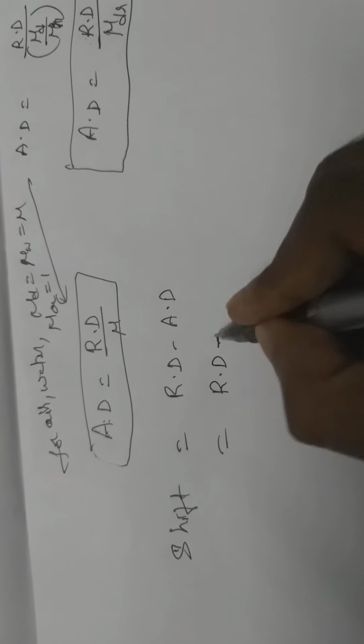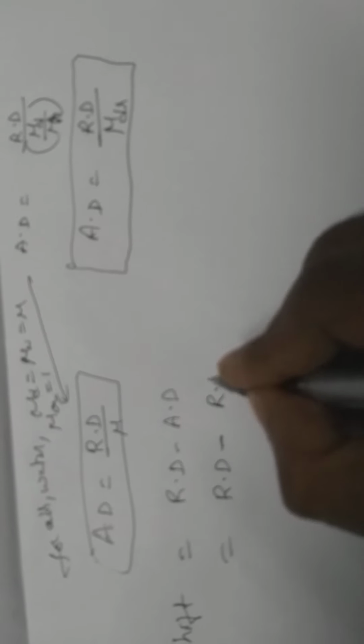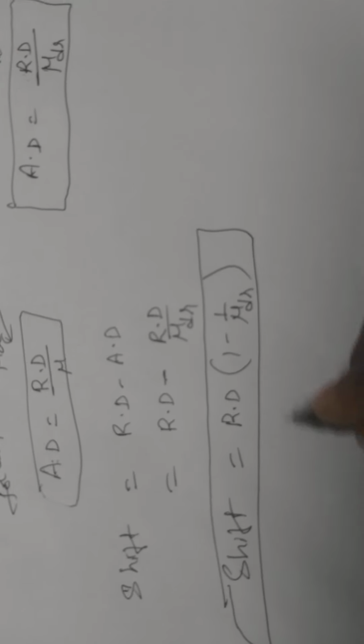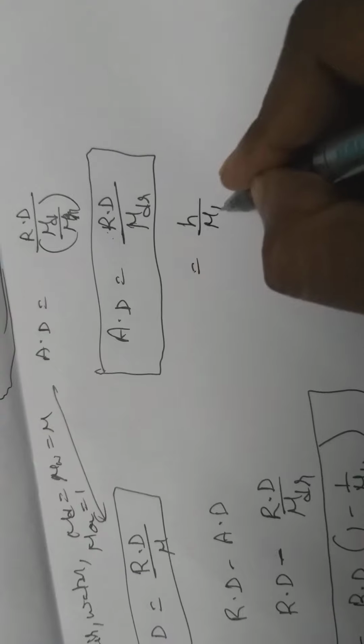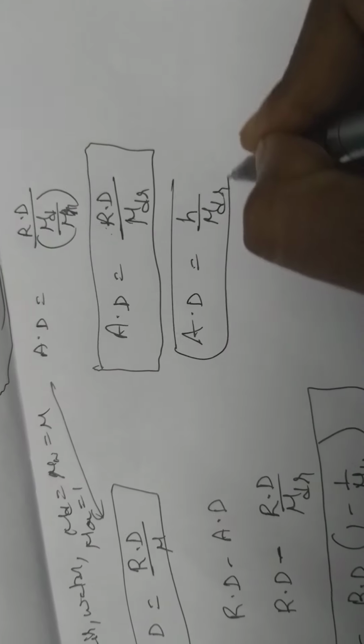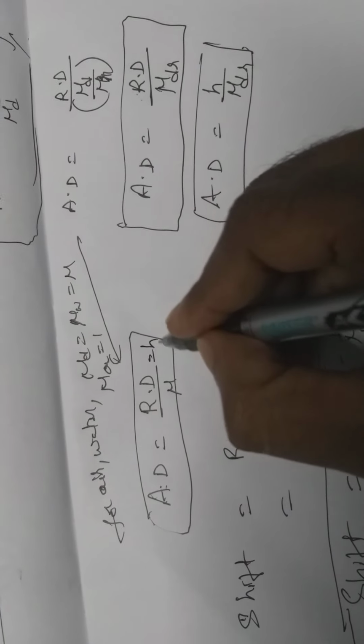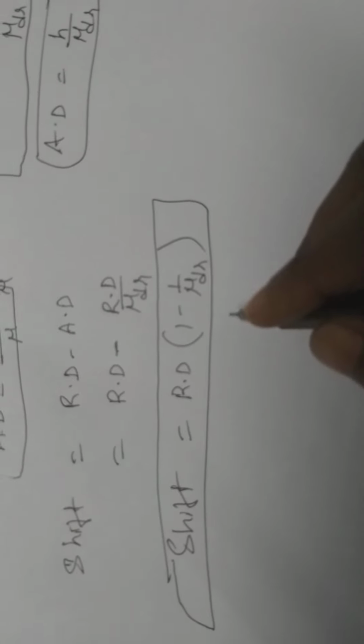So real depth minus apparent depth, the general formula, is real depth minus real depth by mu dr. If I take real depth common, then 1 minus 1 by mu dr. So the apparent shift in the position of the object is shift equals rd into 1 minus 1 by mu dr. Sometimes rd equals h, so shift is h into 1 minus 1 by mu dr.